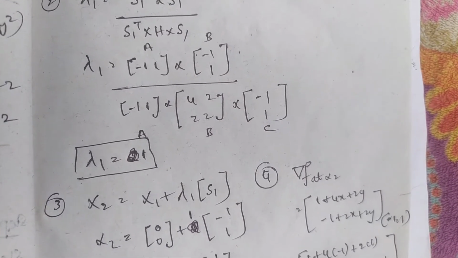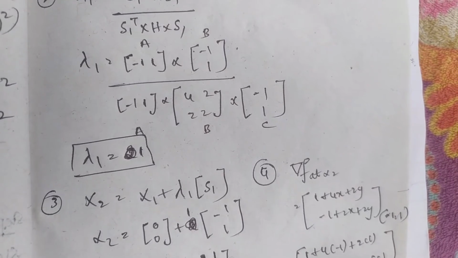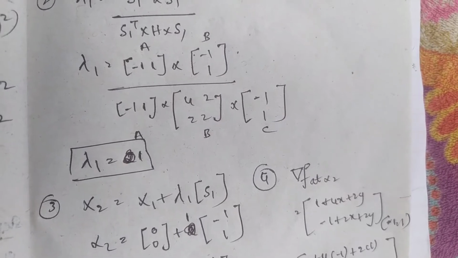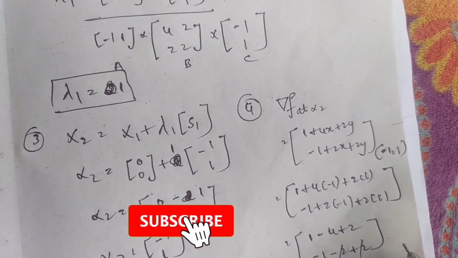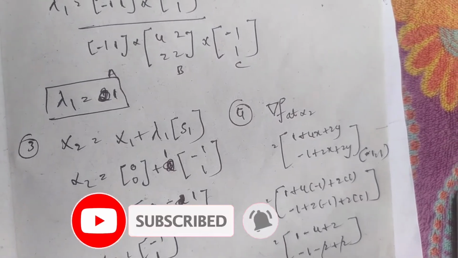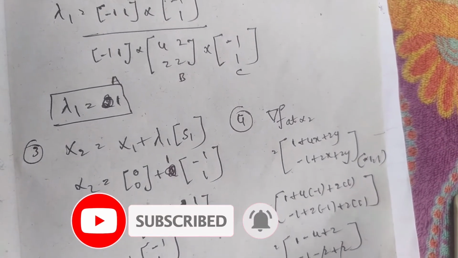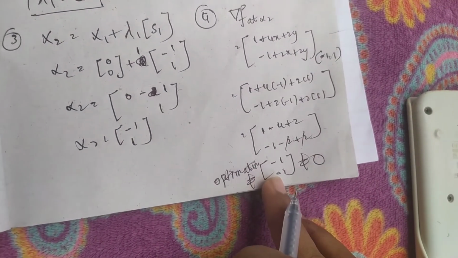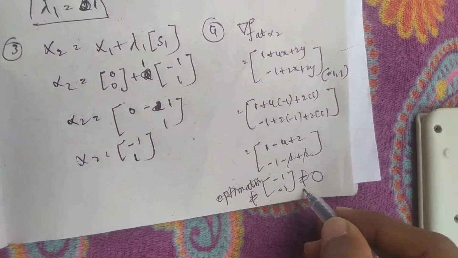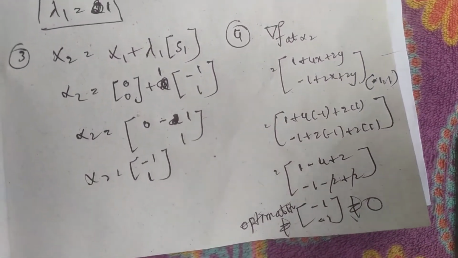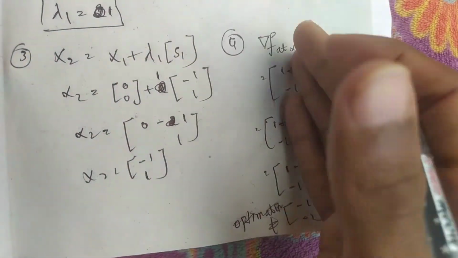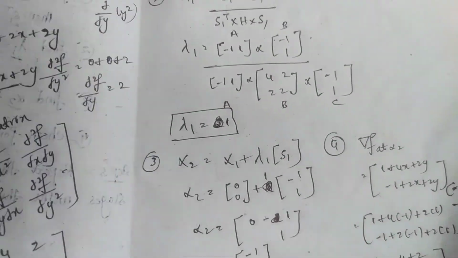We get minus 1, minus 1. Here you have to check the optimality, which is not equal to 0. Here the optimality we get is minus 1, which is not equal to 0. So we have to go for the next iteration and follow this same procedure.